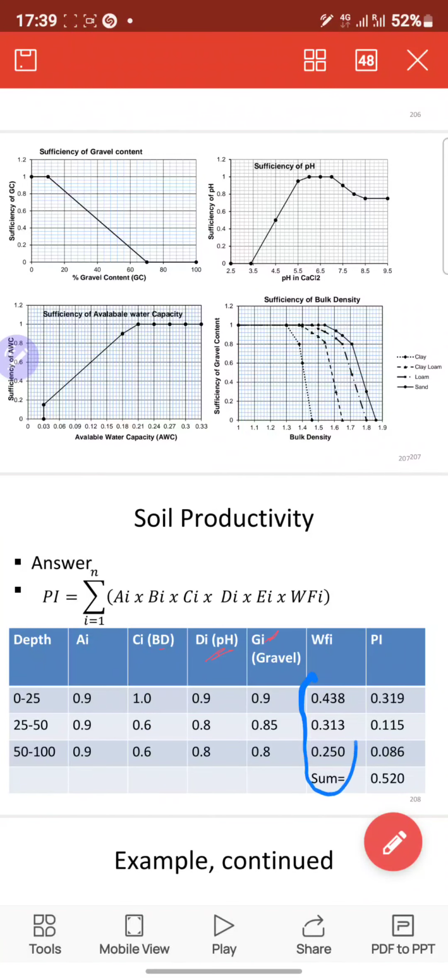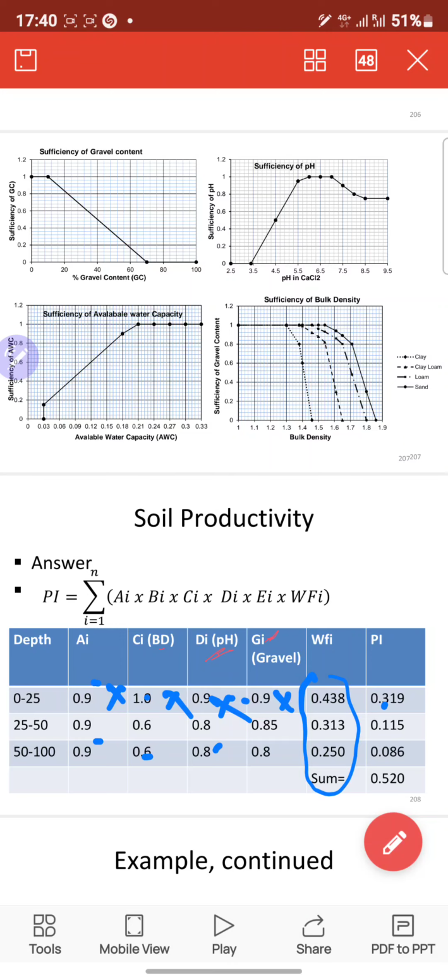These are calculated from these graphs. You're getting these figures, all of them. So for the productivity index, you're just multiplying these. You multiply, then this is your answer. These are root zones, or horizons, number 1, number 2, number 3.